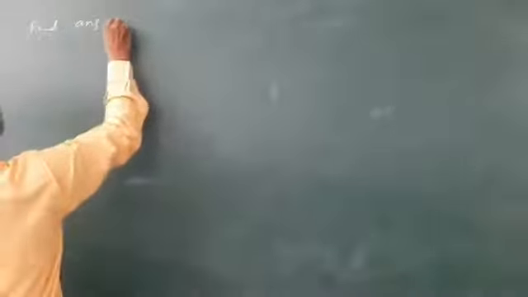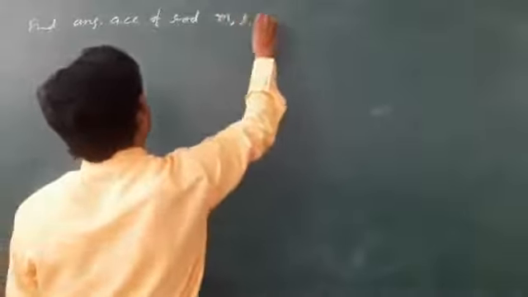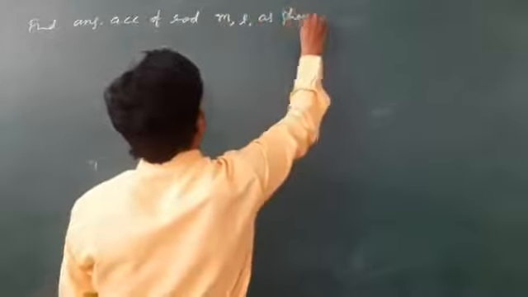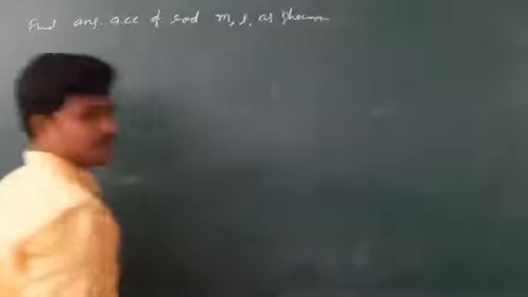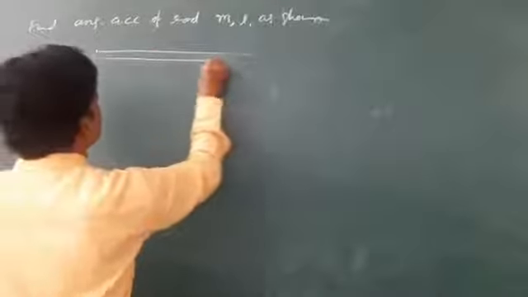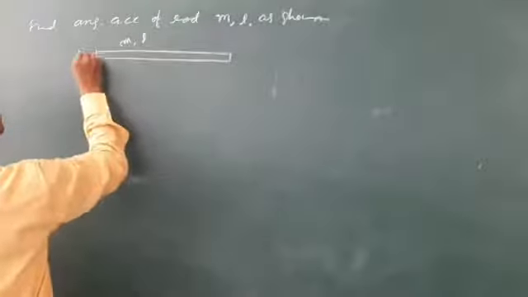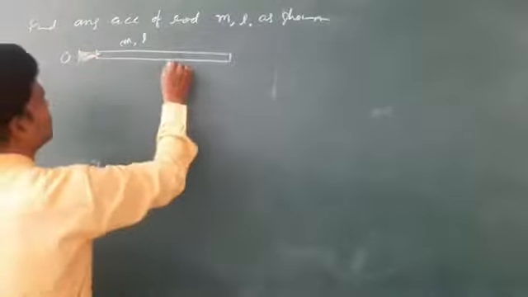See, let me start with a simple question again. Find the angular acceleration of a rod of mass m, length L, as shown in the figure. So simple, I started with a simple question. This is the diagram whose mass is m, length is L, and the rod is pivoted here, meaning this is the fulcrum.